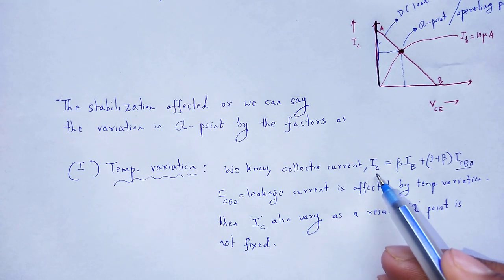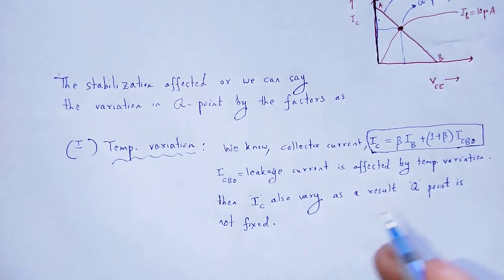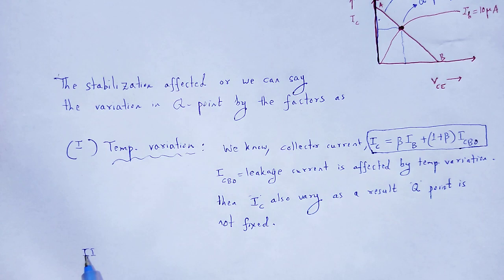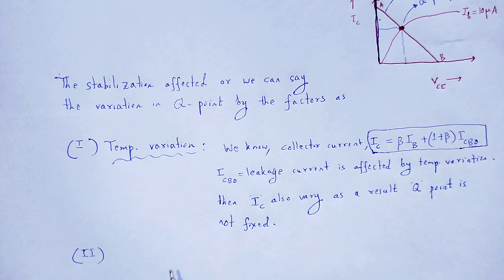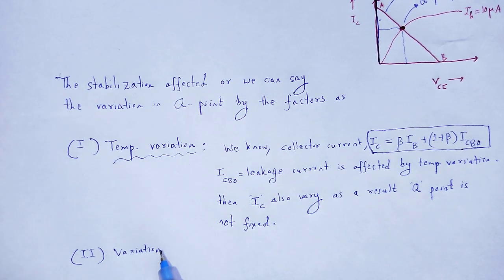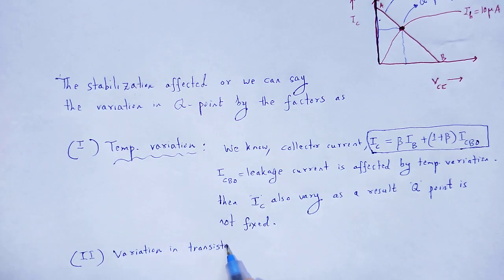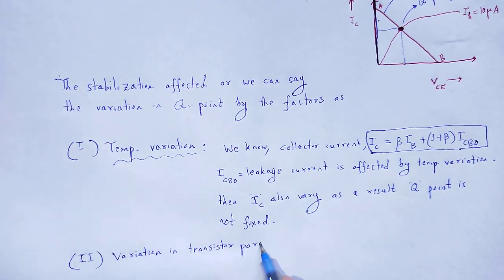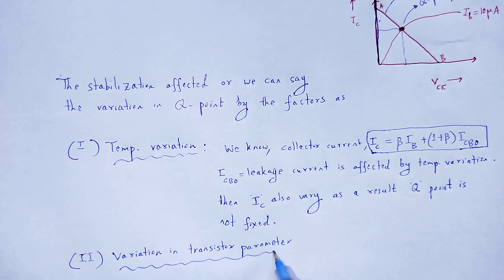Okay. Next, another aspect responsible for variation in the operating point or Q point is variation in transistor parameter. What is variation in transistor parameter?